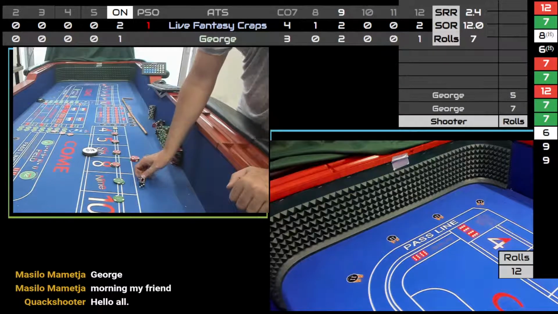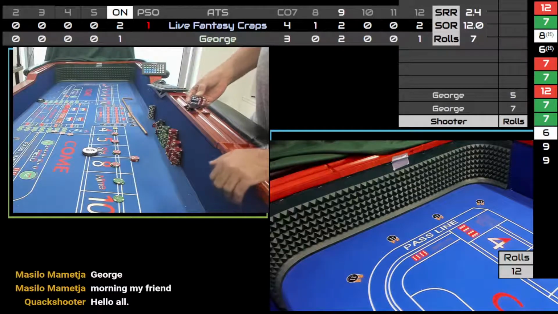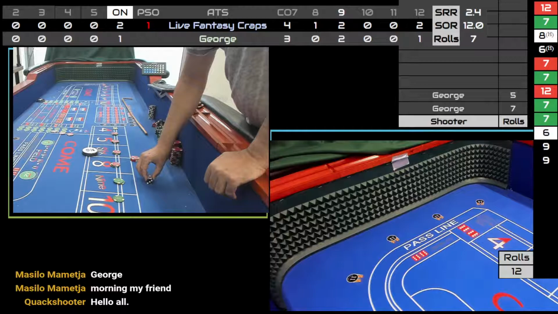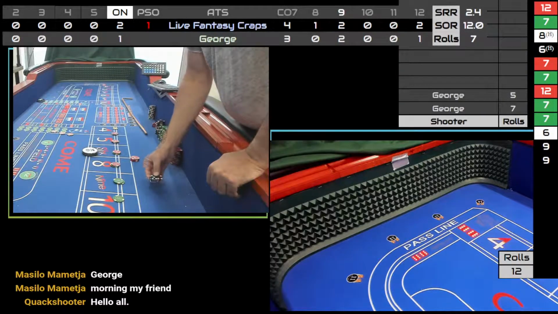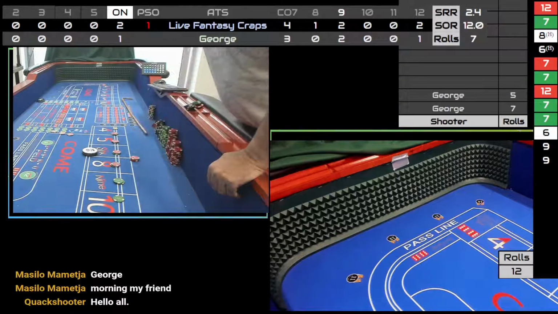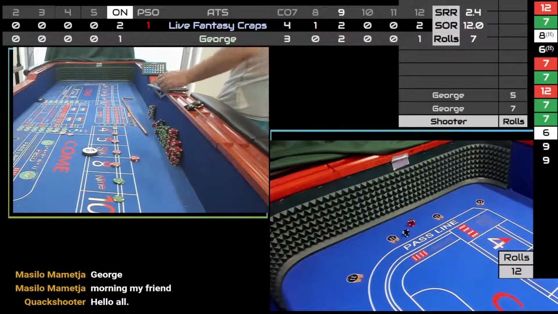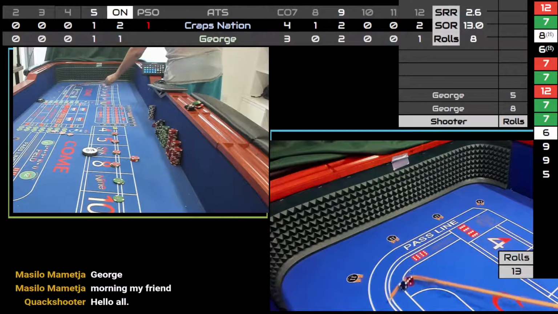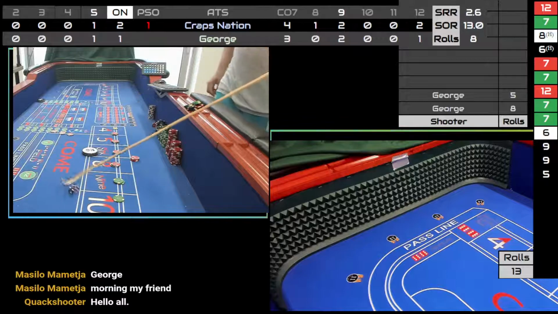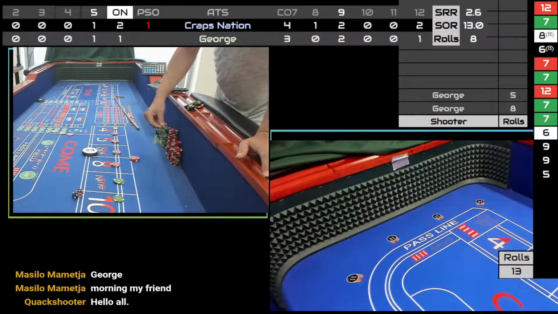1, 5, 1, 4. 2, 3, 5. On axis primary again. It's 42.